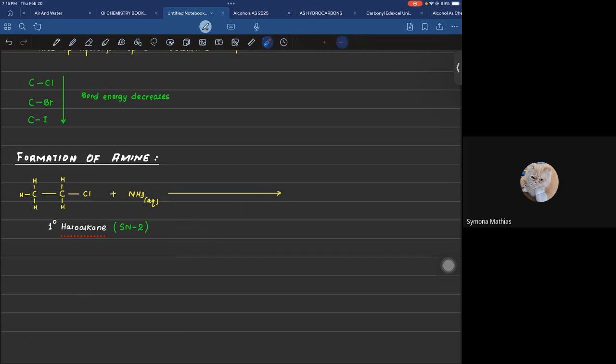And if you want to substitute this chlorine by OH, you can take ammonia aqueous. Right now I want to substitute this chlorine by NH2, so I'm supposed to take ammonia in ethanol.